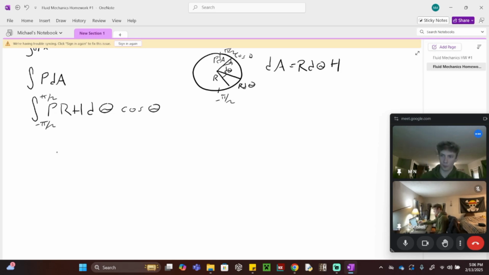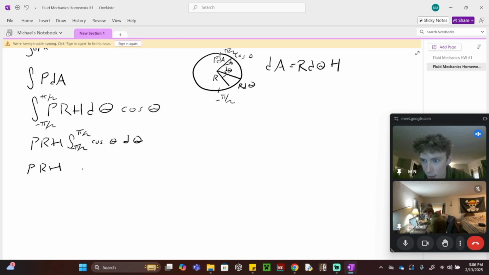So we have the integral of P R H cosine theta d theta. We know that P, R, and H are constants, so we can pull those out. And we are left with the integral from negative pi over 2 to pi over 2 of cosine theta d theta. And we will integrate this. So we have PRH sine theta evaluated from negative pi over 2 to pi over 2.